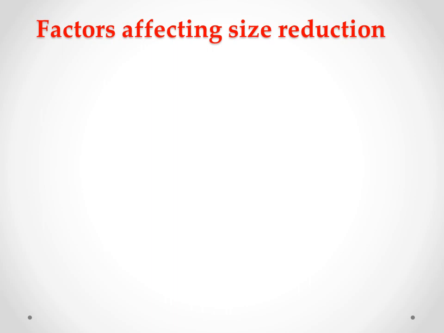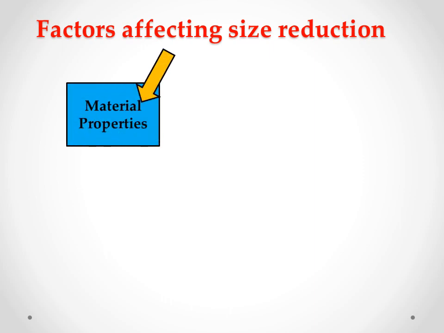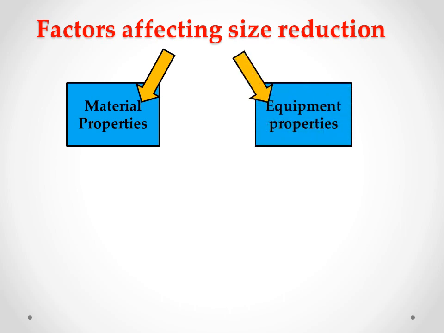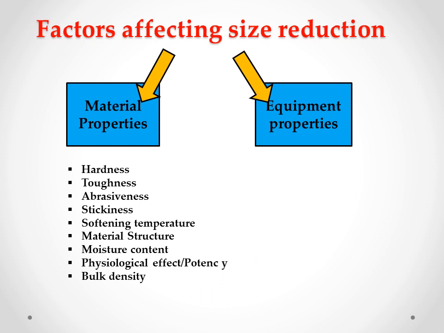There are many factors which affect the size reduction process. They are material properties and equipment properties. In material properties, the hardness of the material, its toughness, abrasiveness, stickiness, softening temperature, material structure, moisture content, physiological effect or potency, and bulk density are the main factors which affect the size reduction process.